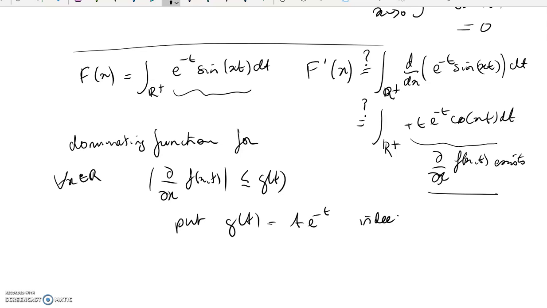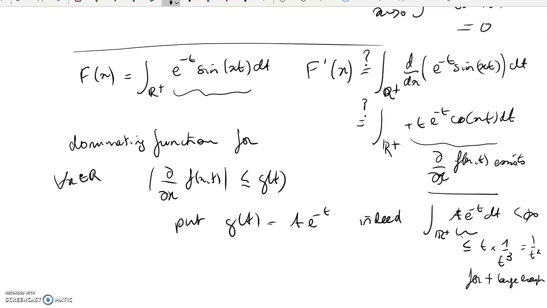We indeed have that the integral on R plus of t e minus t dt is bounded, so g is integrable, simply because we don't have any problems in zero, so the problem could be at plus infinity, and we can bound above e of minus t by, that's all the stuff we did last year, 1 over t, let's make it 3 at least, for t large enough, which is 1 over t squared, so that we get rid of the problem at infinity.